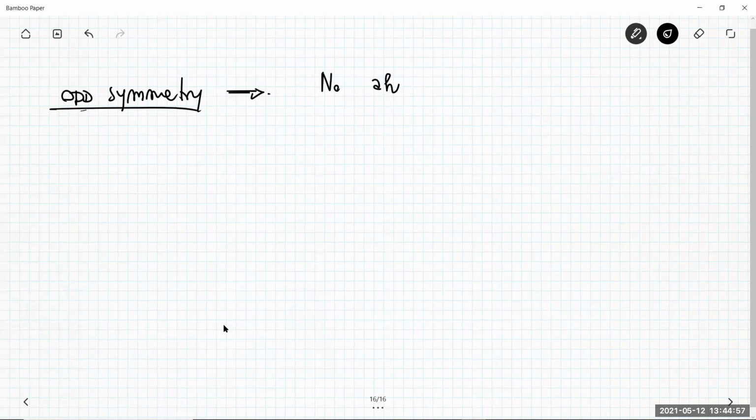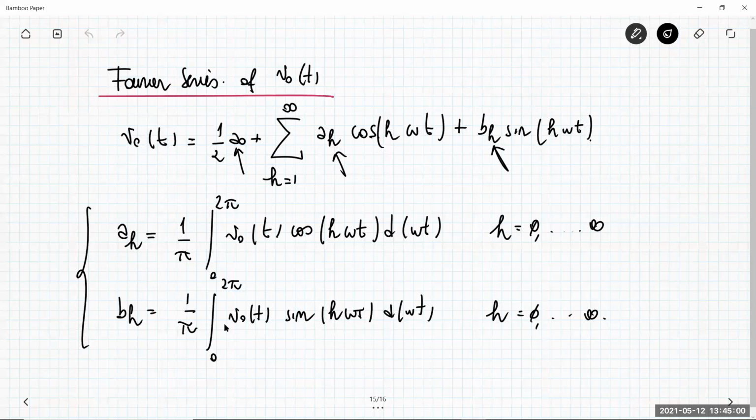So basically all ah are null, including a naught, of course.